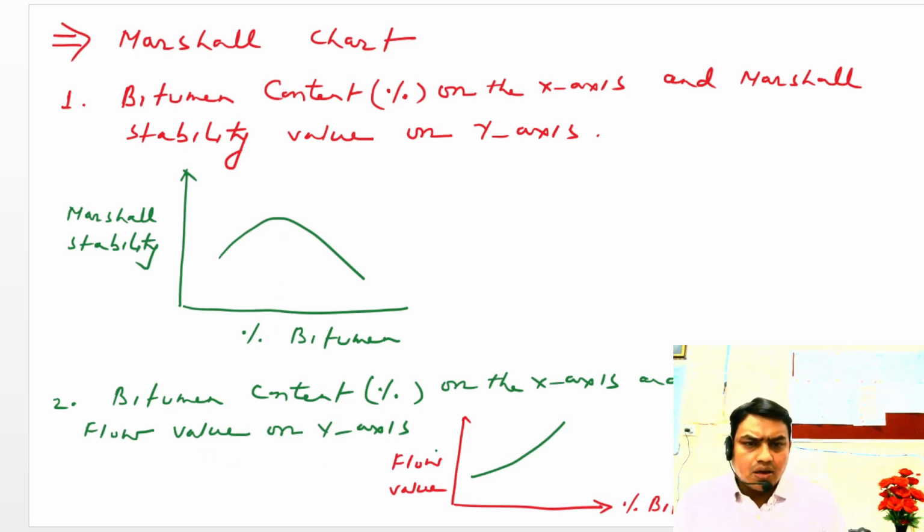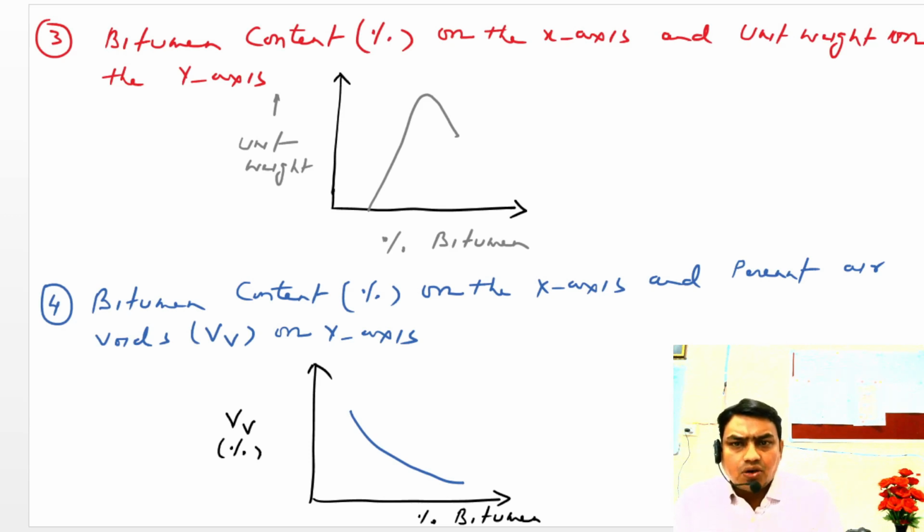The second curve is called the flow curve, that is bitumen content on the x-axis and flow value on the y-axis. We can compute the percent bitumen content corresponding to the flow value. Third chart is bitumen content on the x-axis and unit weight on the y-axis. Similarly, bitumen content on the x-axis and percent air voids on the y-axis.